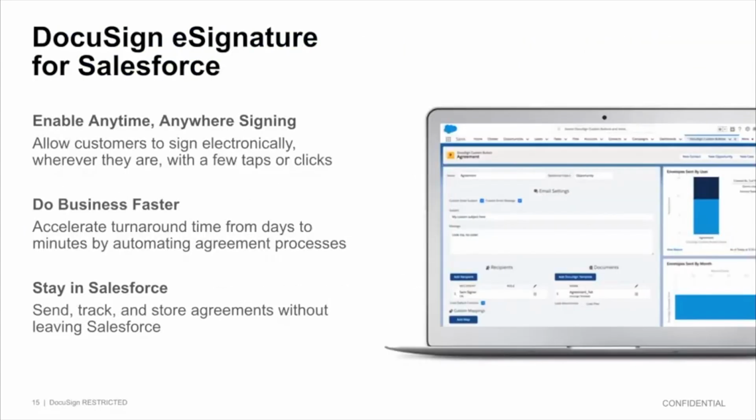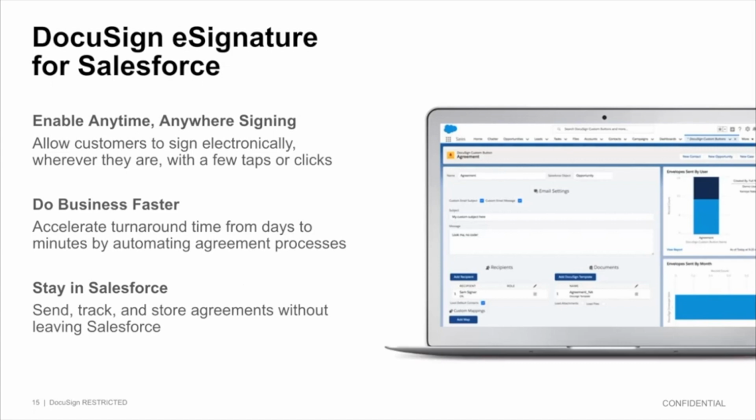But I think why everybody is here today is to talk about eSignature for Salesforce. This is the first and most popular application that we have on the App Exchange today. It enables you to send and sign directly from Salesforce using a Salesforce native user experience. It helps you accelerate the turnaround minutes by automating the agreement process.